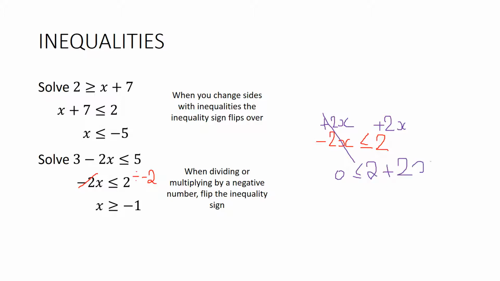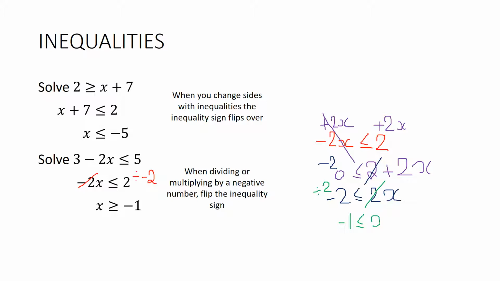Now I'm going to take this 2 over as a minus 2. So minus 2 is less than or equal to 2x. And now finally I'm going to divide by this 2. And that will give me negative 1 is less than or equal to x.